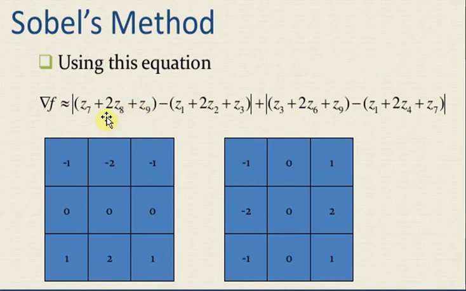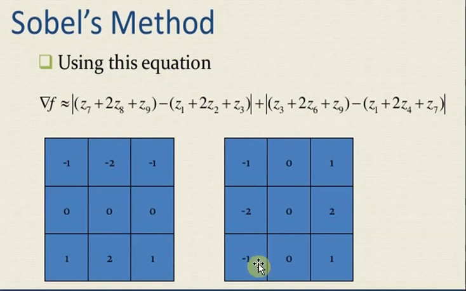According to this, z1, z2, z3, z4, z5, z6, z7, z8, z9 are there, and then use the coefficients like that. Here the z8 coefficient is 2, the z7 coefficient is 1, the z9 coefficient is 1, and the z1 coefficient is minus 1, the z2 coefficient is minus 2, the z3 coefficient is minus 1, and the remaining coefficients are 0. Like that, just develop the particular mask for the x direction and one for the y direction.